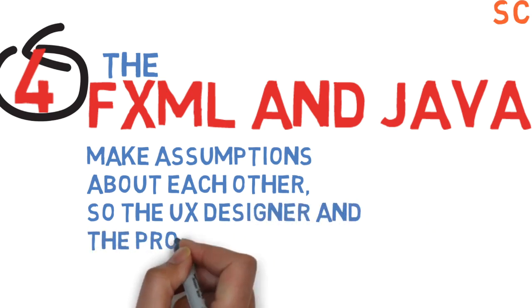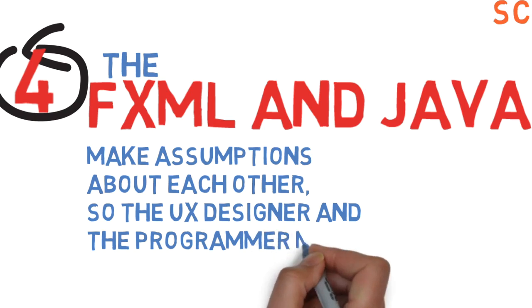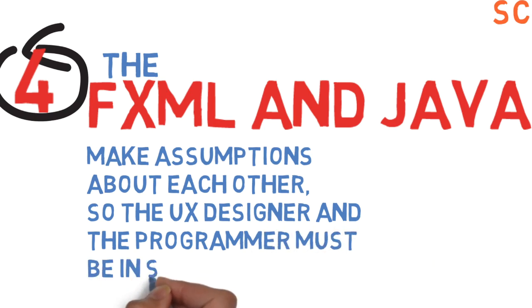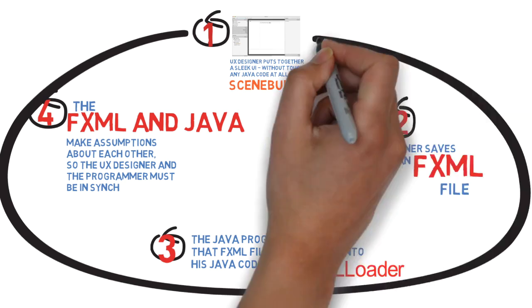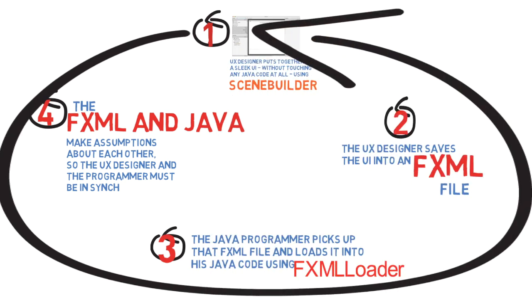The UX designer and the programmer must be in complete and perfect sync for this to work. The controls have to exist as the programmer expects them. They have to be named correctly. They have to behave in the correct way. This cycle is what allows us to build UIs in FXML and use it within our code.